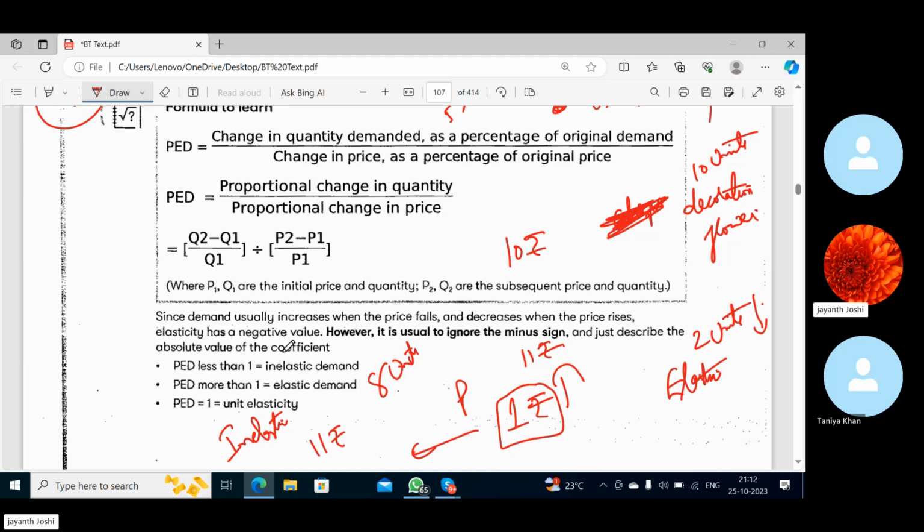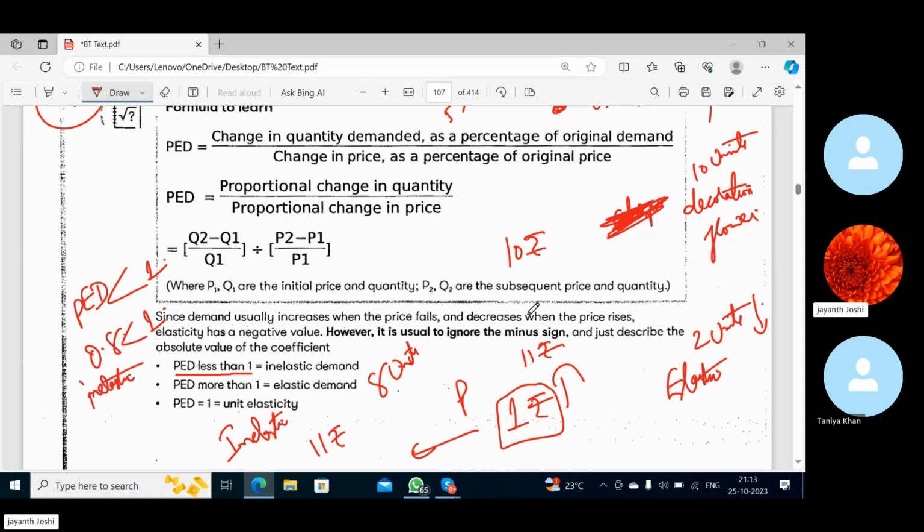There can be one thing: if the price elasticity of demand is less than 1, that means you have calculated the elasticity of demand and it is 0.8, it will be an indication. Price elasticity of demand less than 1, that is 0.8, is inelastic.